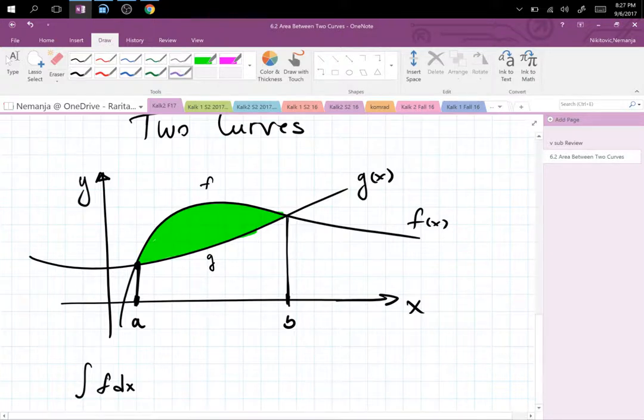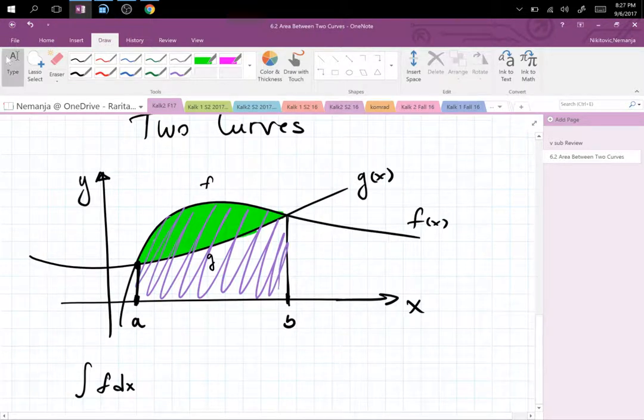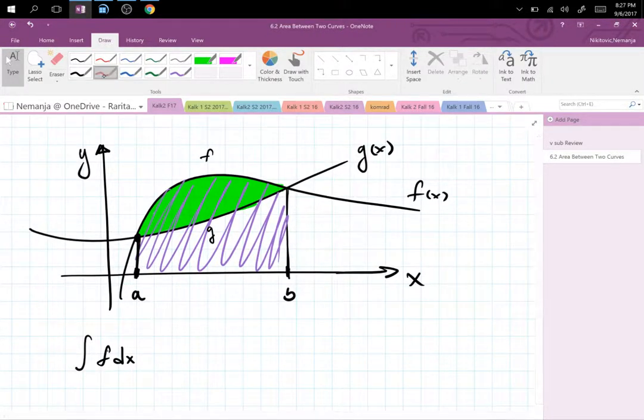So you would compute all of this area if you just do the integral of f of x. If you just do the integral of g of x dx, you would only compute this area here.